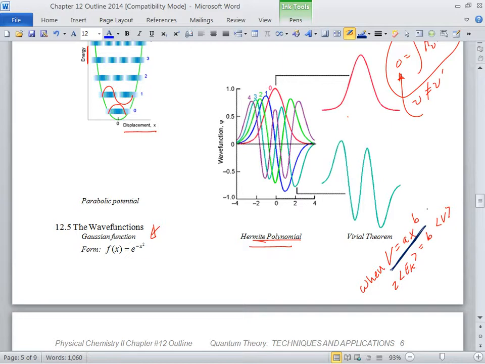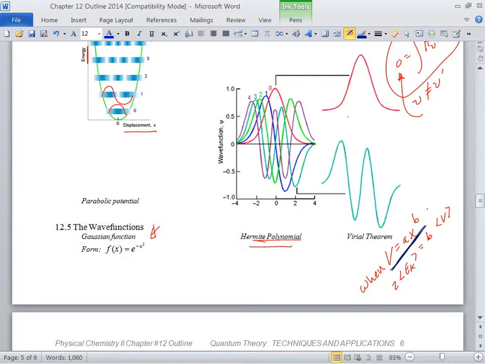It means integration and all this kind of stuff over all space. So they didn't just write E, they wrote E_K, kinetic energy. So twice the average kinetic energy is equal to that little coefficient, the power of x in your potential energy, times the average V, the potential energy.